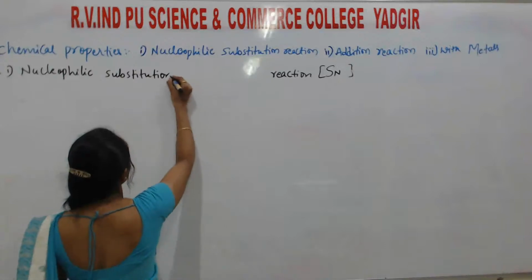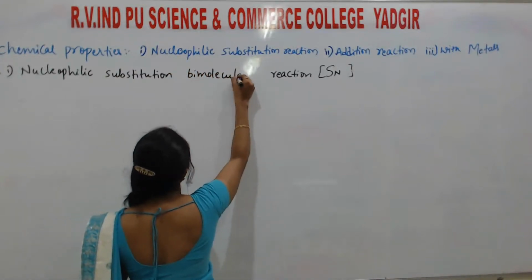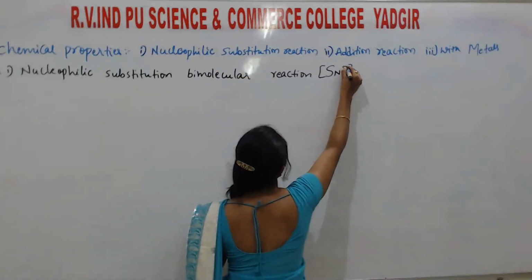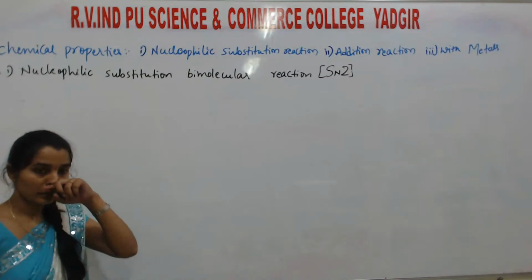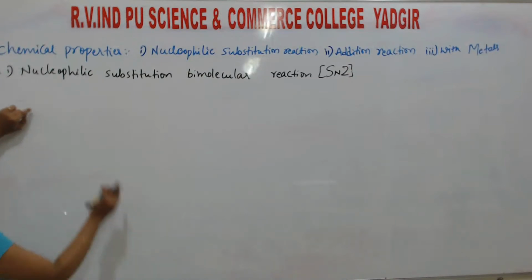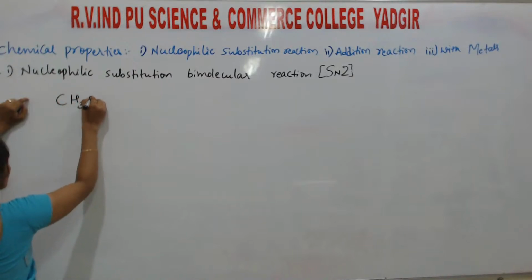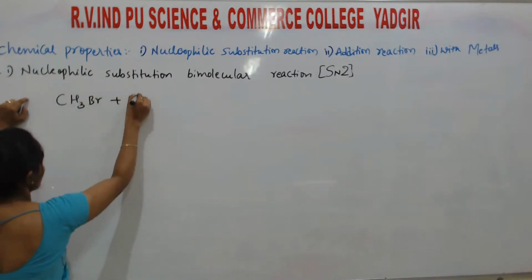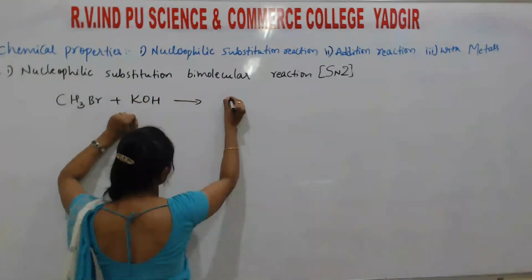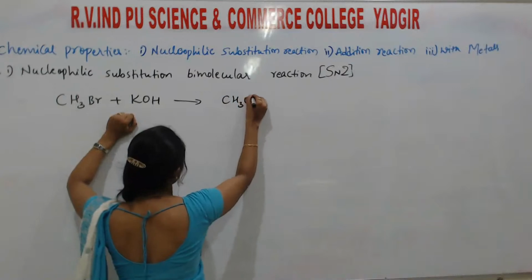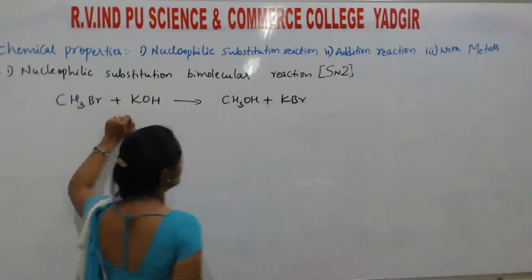This is nucleophilic substitution bimolecular, that is SN2. Example is methyl bromide: CH3Br plus KOH gives CH3OH plus KBr.